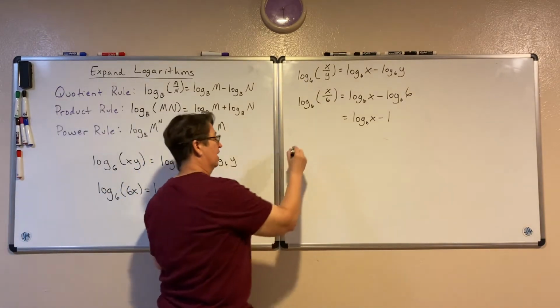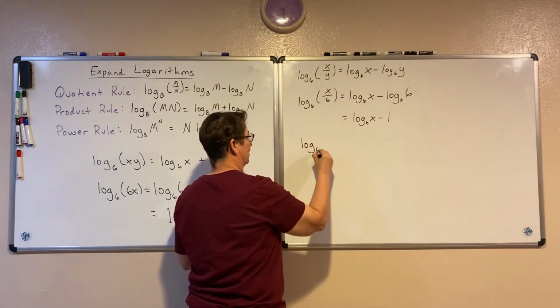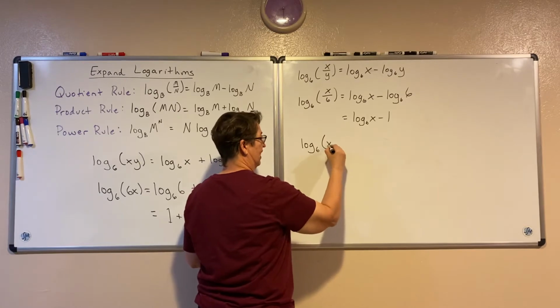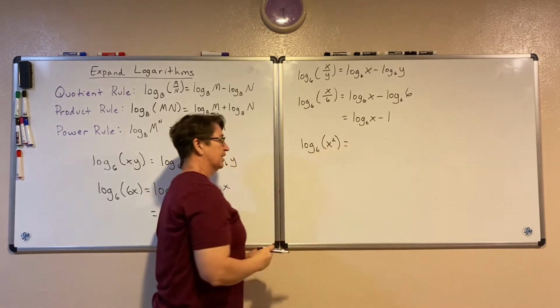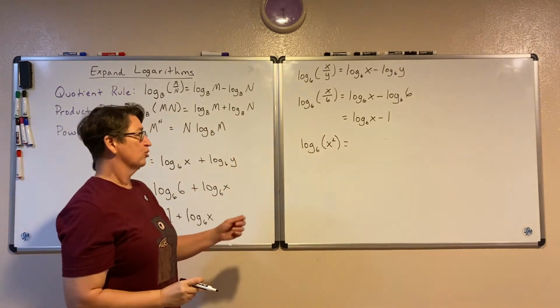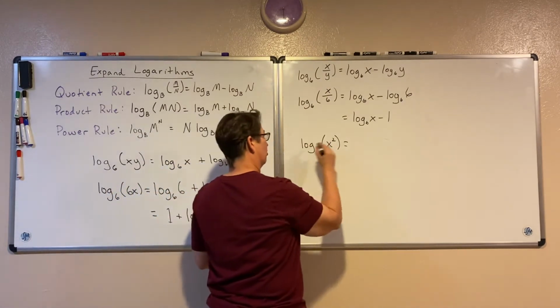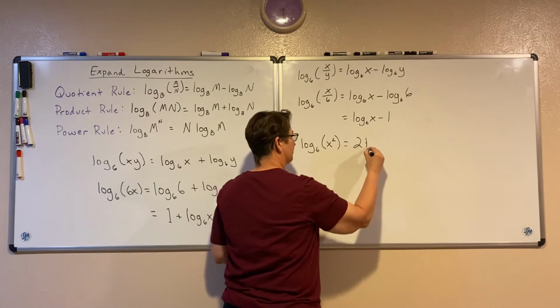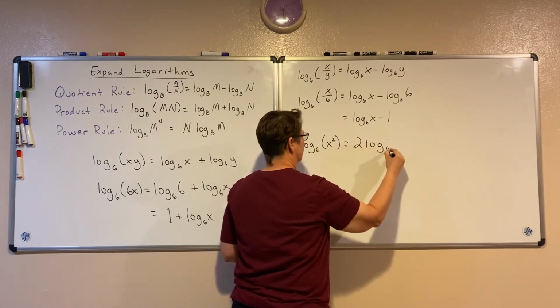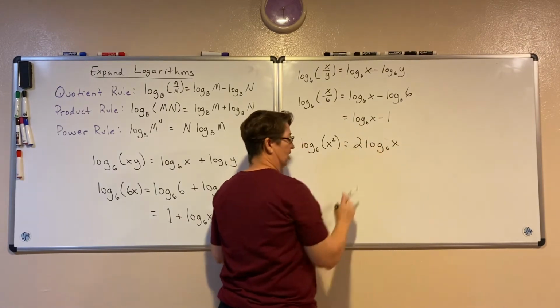Let's use the power rule so that we have log base 6 of x squared. In this case, I can use the power rule. I can make this 2 kick out front, or just multiply times this log base 6 of x in my argument.